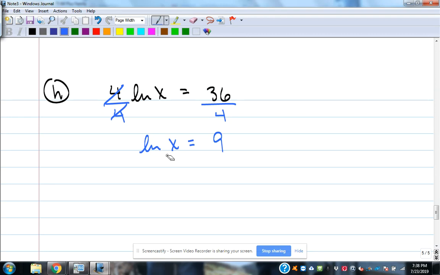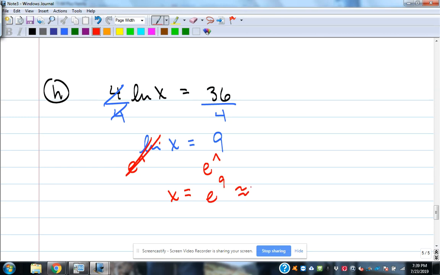So to get rid of the natural log, you exponentiate with an e. That's what it's called, exponentiating, with a base of e. What happens on the left side is the same thing that happened when we took the natural log of e. They cancel each other out. And on the right side, we just have e to the 9th power.